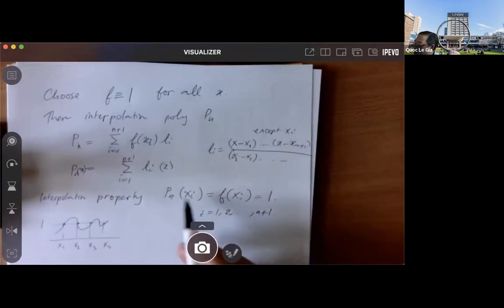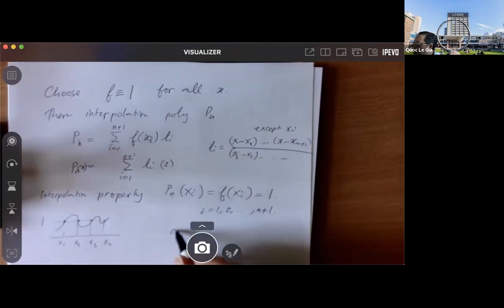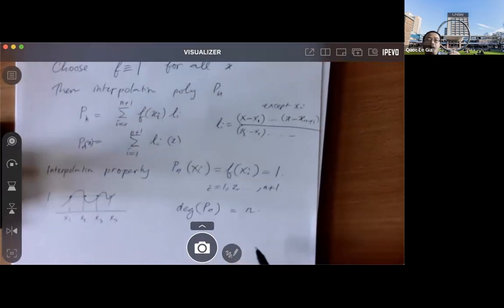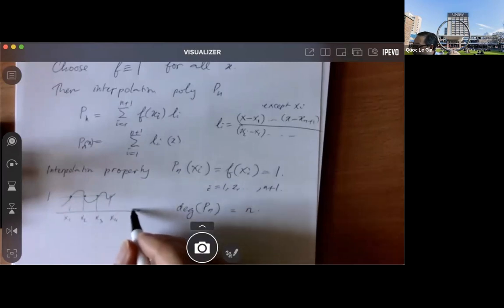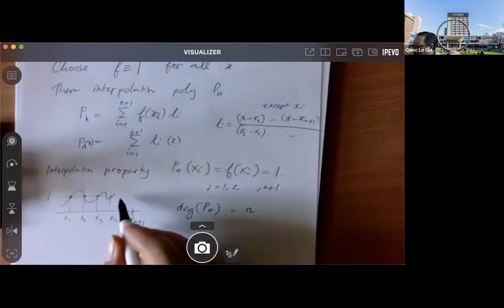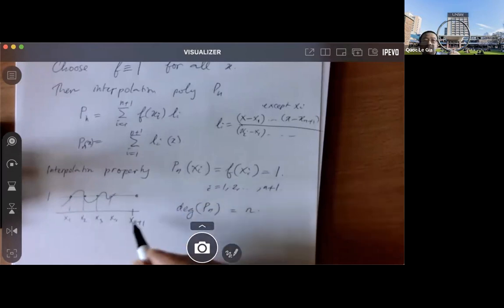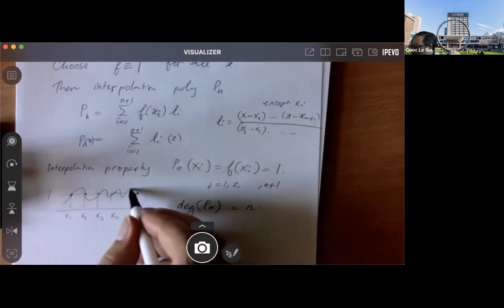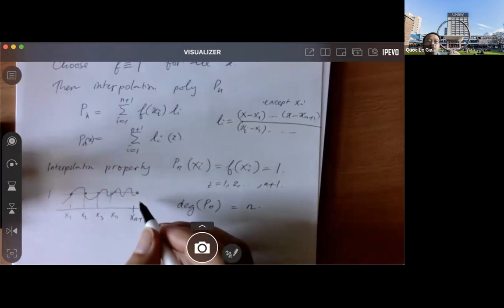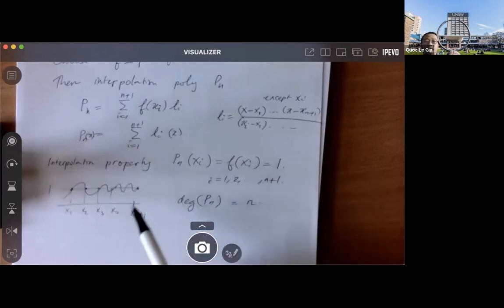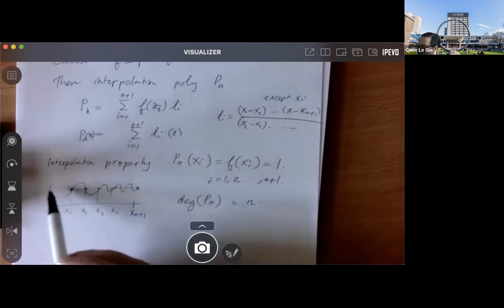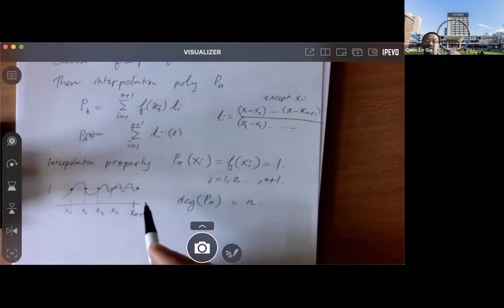And so the degree of the sum of Li just equals n, so degree n, yeah? And so now I have n plus 1 points, yeah? Okay? And then all of them equal 1. So can I have this situation or not? So can I have a situation like this? Or it has to be a straight line.